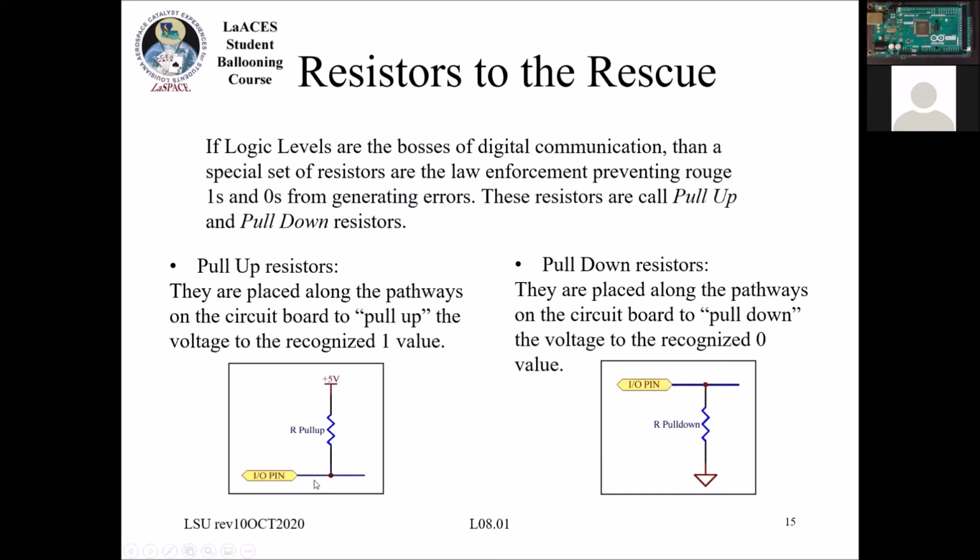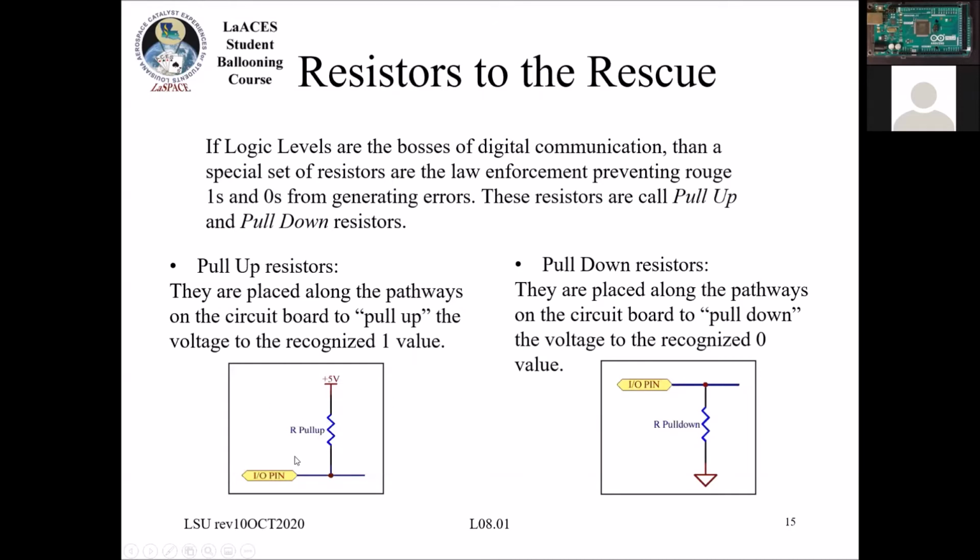But I put a resistor between them, one, to make sure I don't have the current exceeding, especially if I'm using this pin as an output. If this is high and I just connected straight to ground, there's nothing to limit that current, so I'm going to pull as much current until I damage that pin. But if I put a resistor there, that will prevent that.